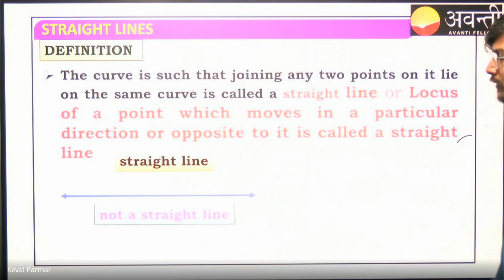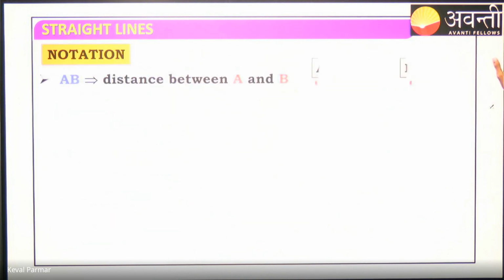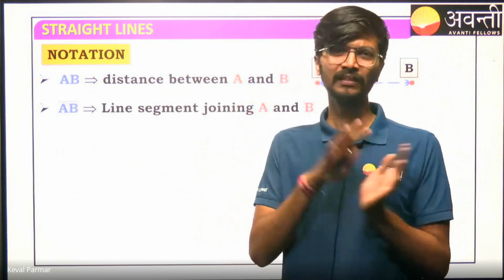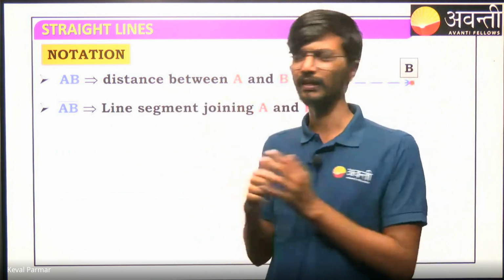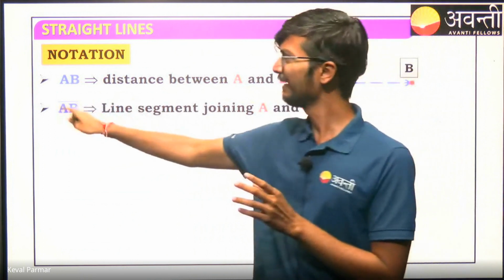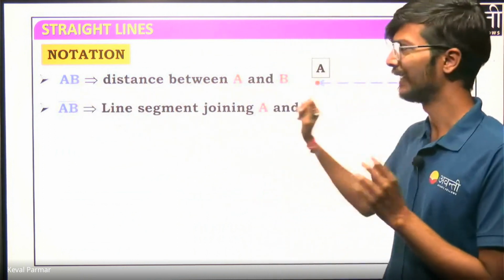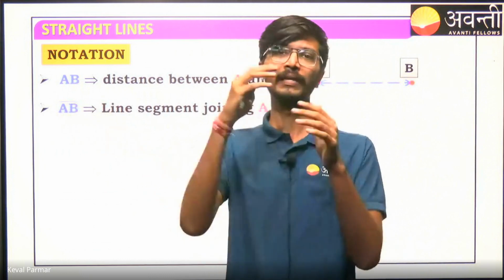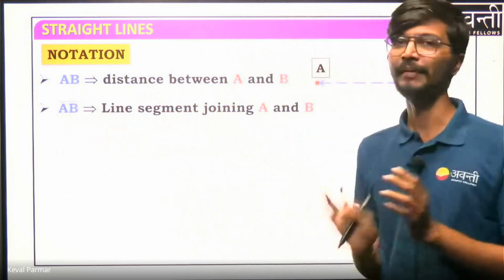This is straight line. Notation. Now, we don't talk about notation much in straight line, but still it's theory part, so we'll cover it. AB is the distance between A and B. AB with the dash over it is called line segment joining AB.